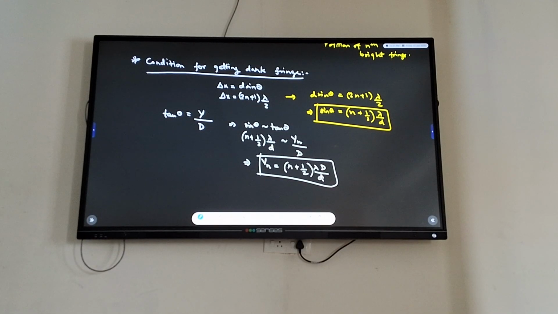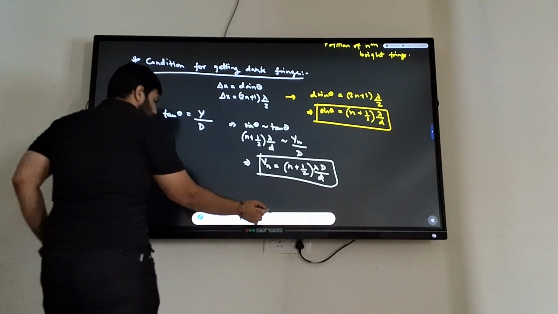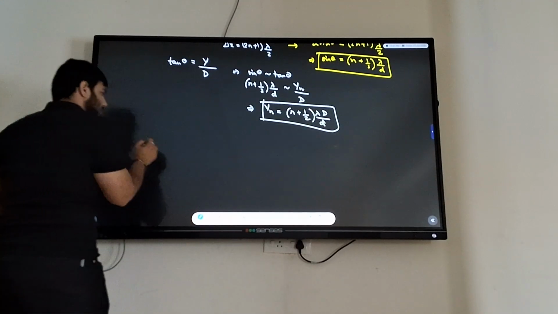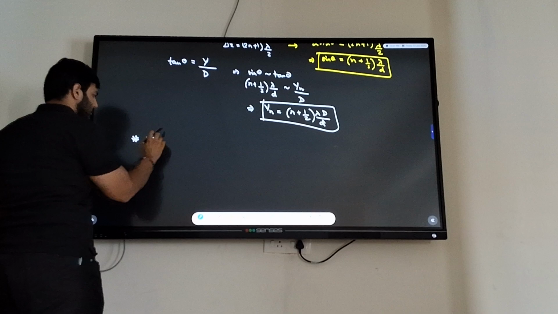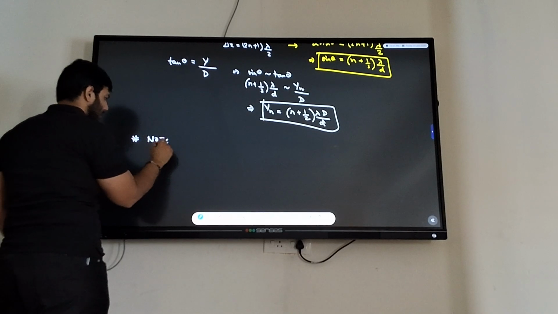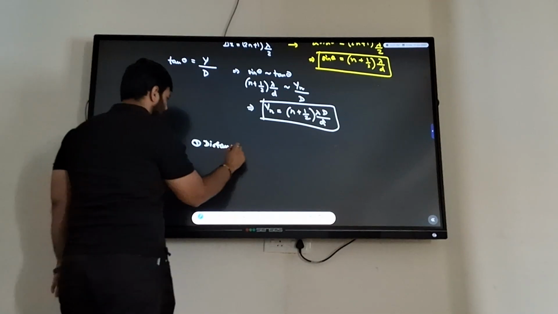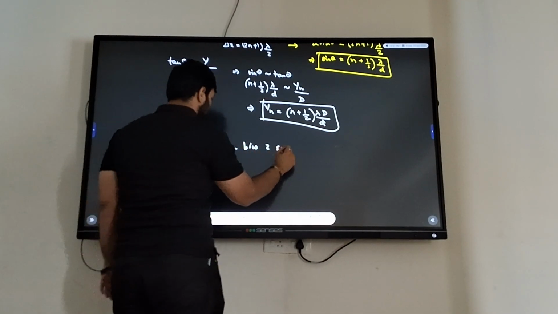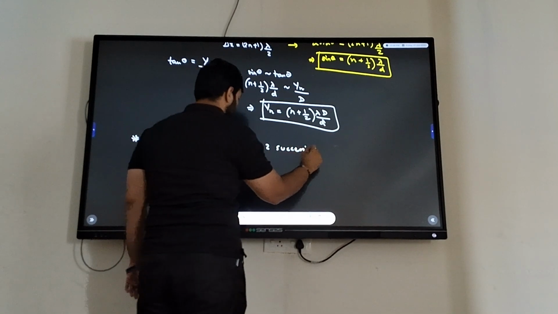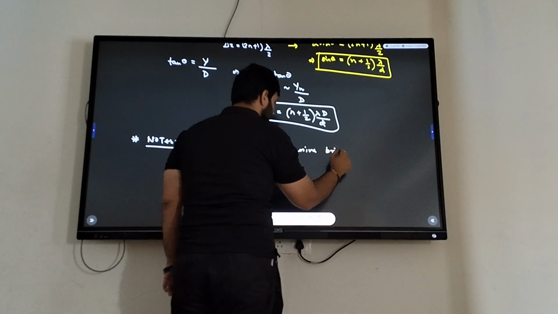Let me write it in terms of notes. Note: the distance between two successive bright fringes.